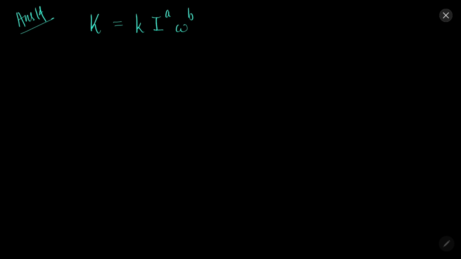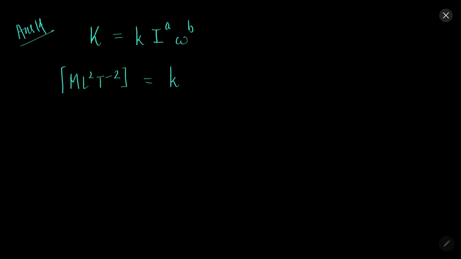So we need the dimensions to be the same on both sides. The dimension of K is M L square T minus 2. Then we need to find the powers of moment of inertia and angular speed, so let's put their dimensions as well.